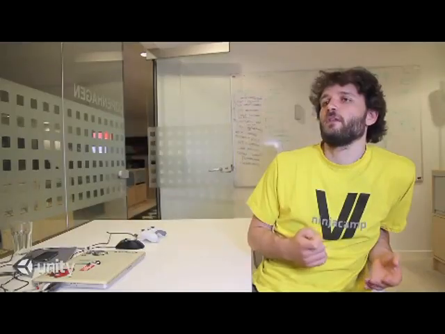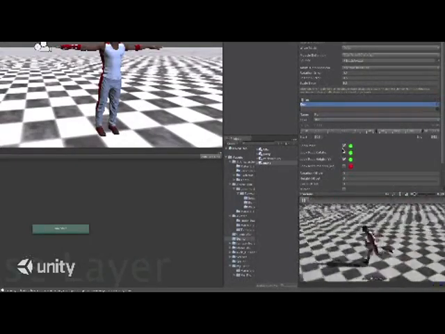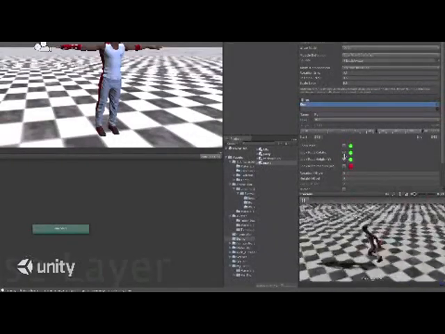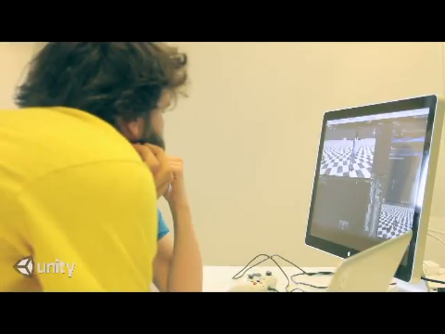The second thing we try to solve with Mechanim is to build a super powerful character animation system that you can really do AAA animations with, but at the same time it is so simple that even people who don't know much about character animation can do it.